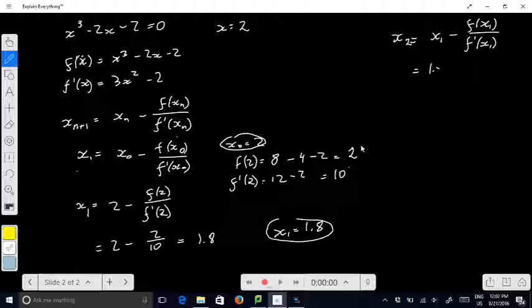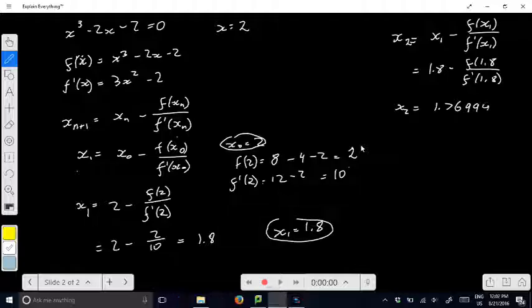So we have 1.8 take f of 1.8 over the derivative of 1.8. Now we're getting quite messy. You can do that in your calculator. And we get x2 is equal to 1.769948. Okay, so I'll put a rough estimate.